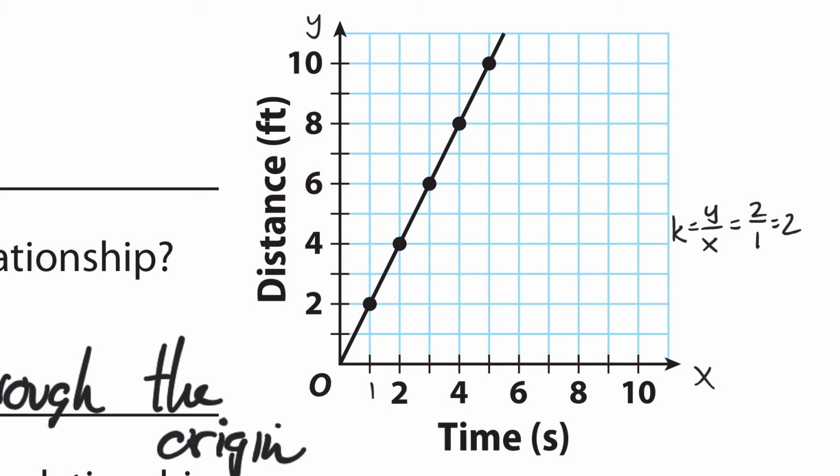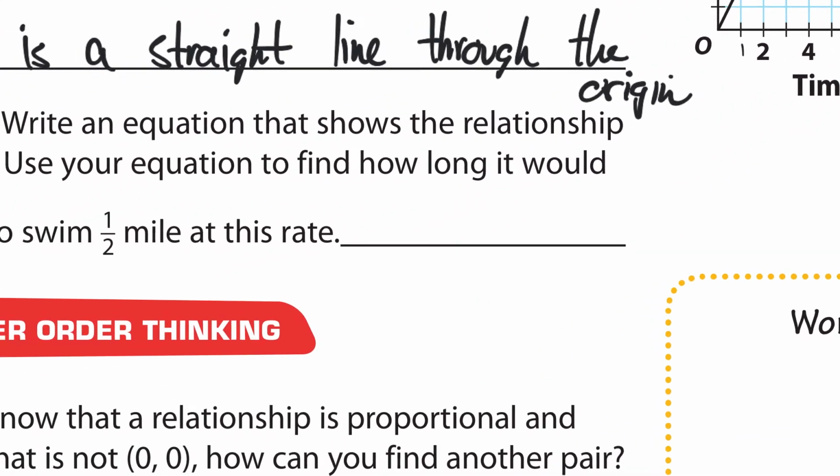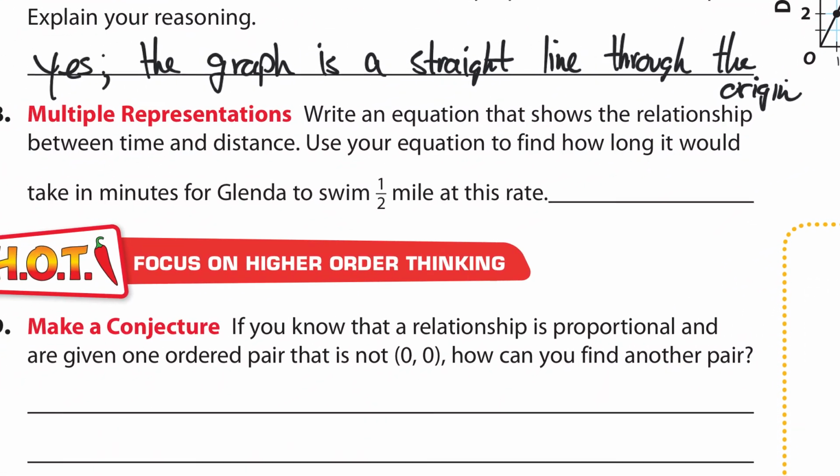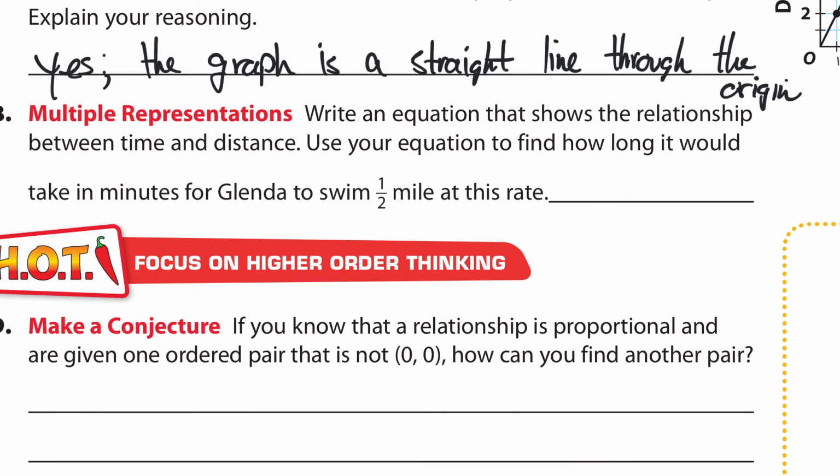That is our k. That is critical because our equation is y equals kx, but we write the k, which we just found was 2. So it's y equals 2x. This is our equation right there. Now we're going to have to do a few things here.